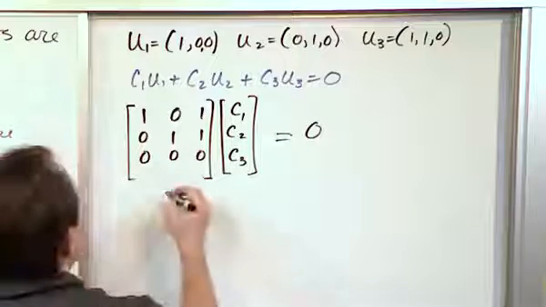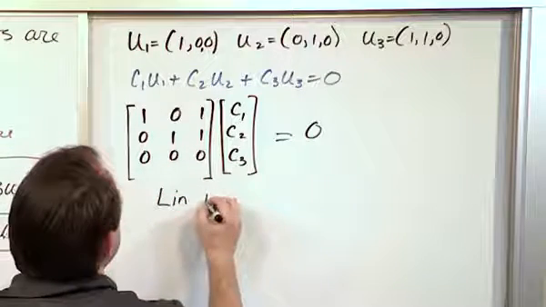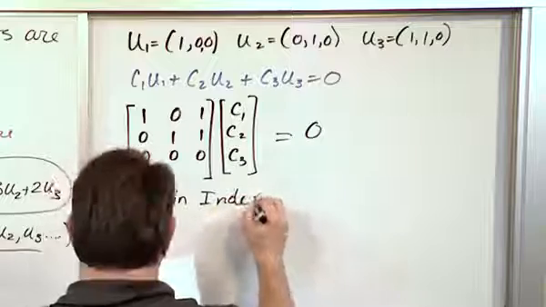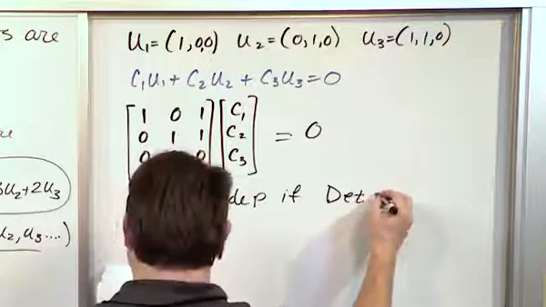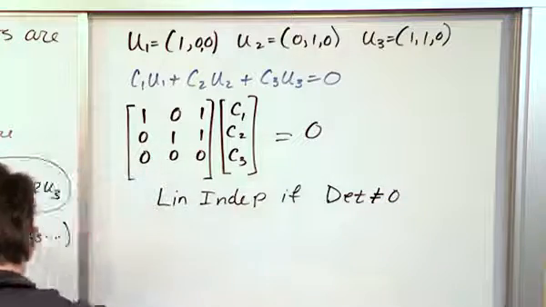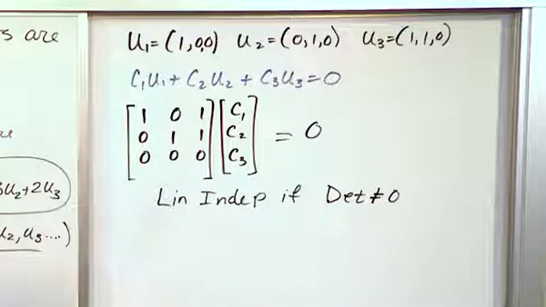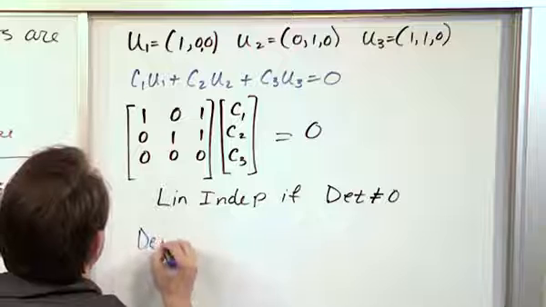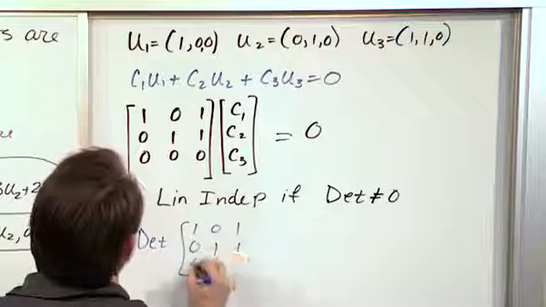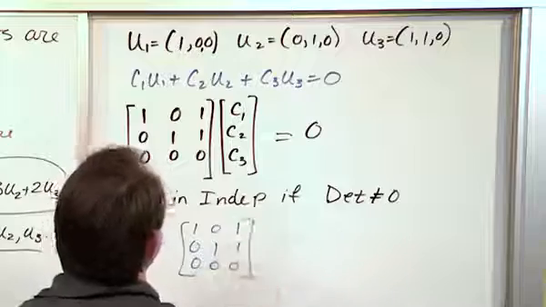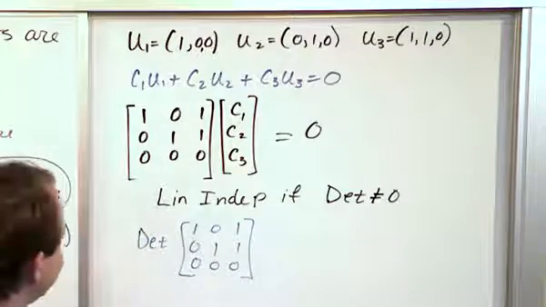So these vectors are linearly independent if the determinant is not equal to 0. So let's go ahead and see if that's the case. The determinant of this matrix 1, 0, 1, 0, 1, 1, 0, 0, 0. What is the determinant of this matrix? Well, we learned a trick from before.